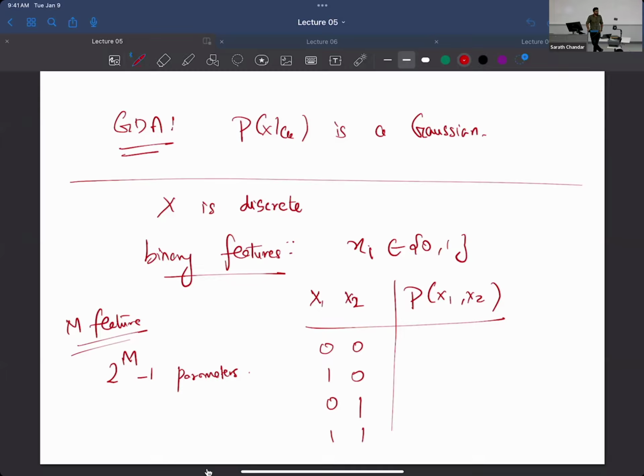And so we spent a lot of time with GDA, which is when your input features are continuous, right? Can someone tell me the two main assumptions that we made to derive the GDA?